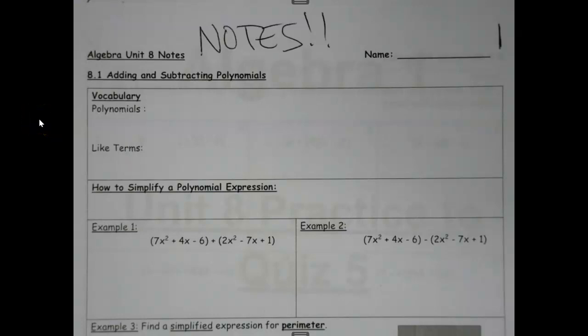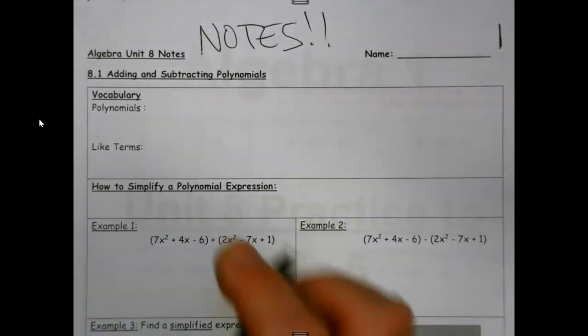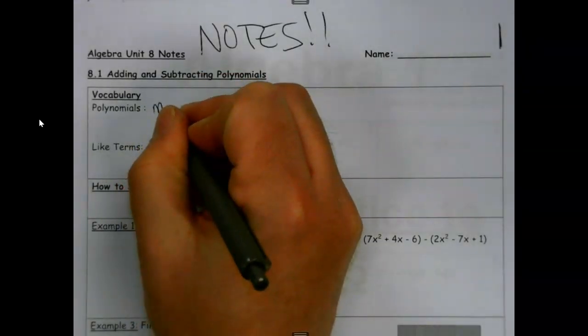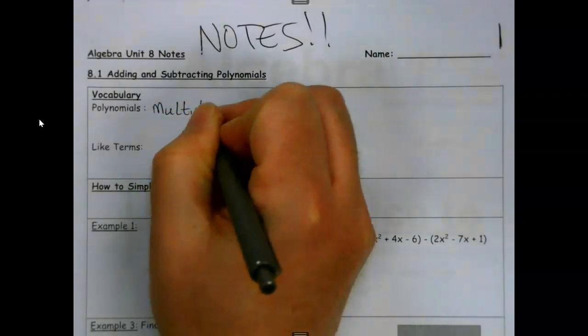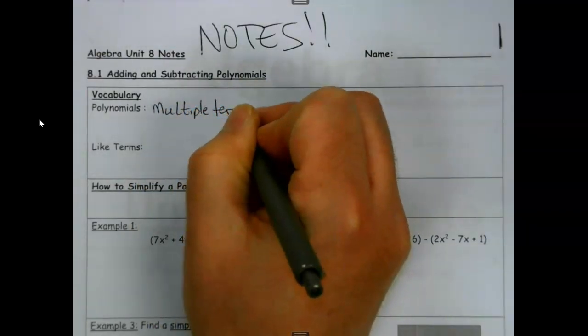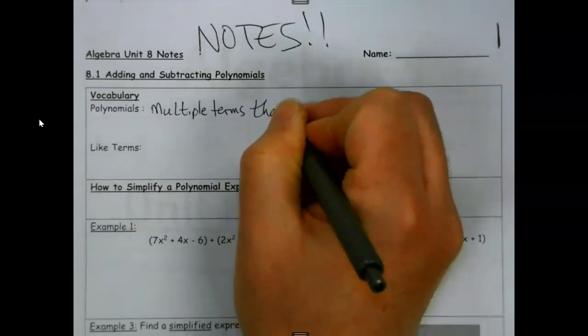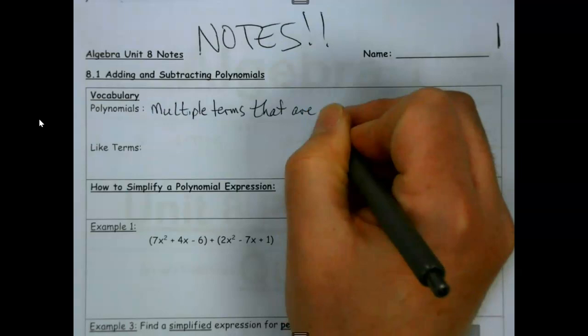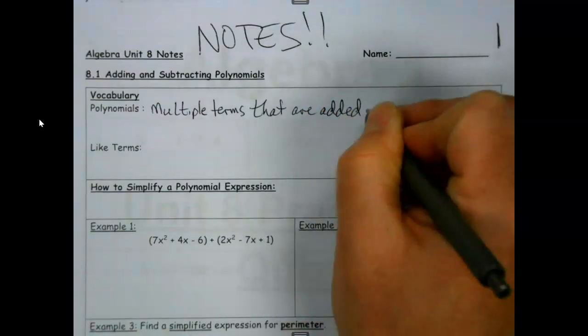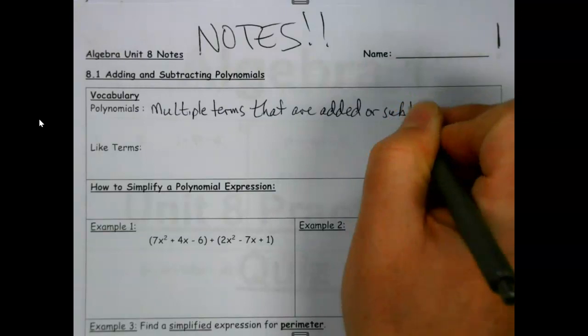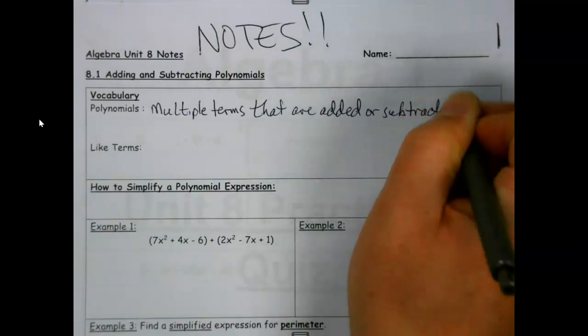To Unit 8, a little bit of vocab here at the start. So adding and subtracting, and then we bust out with this word polynomials. Okay? A polynomial typically is just going to be multiple terms that are added or subtracted.